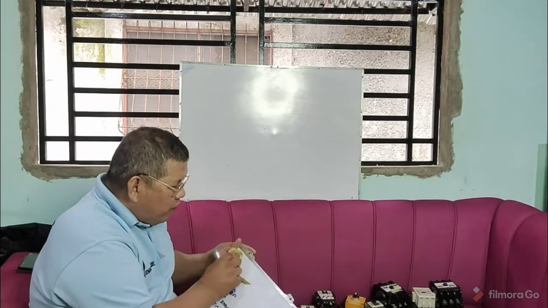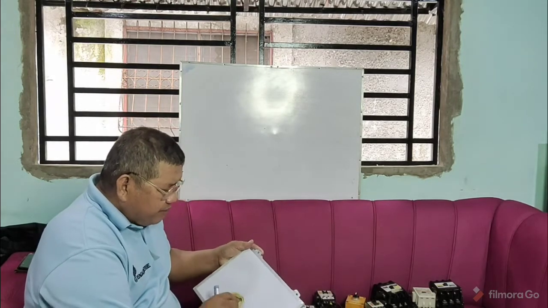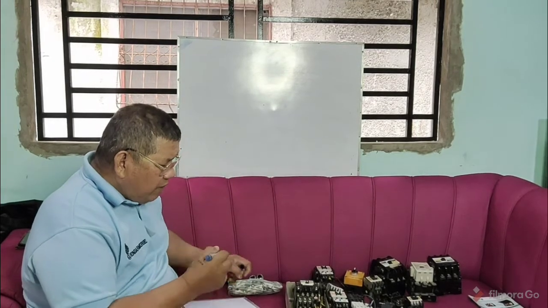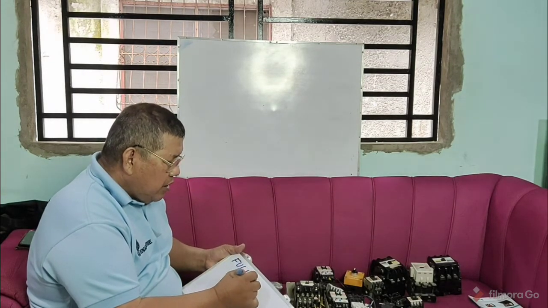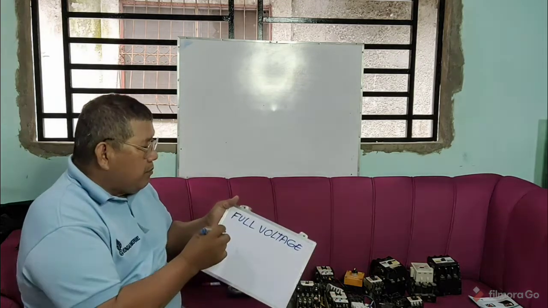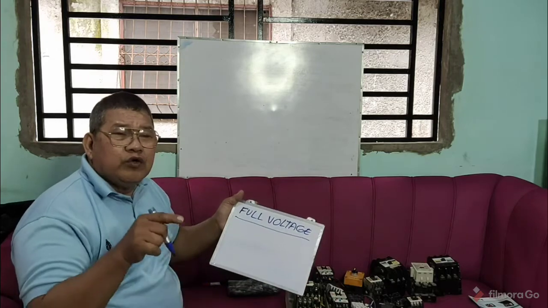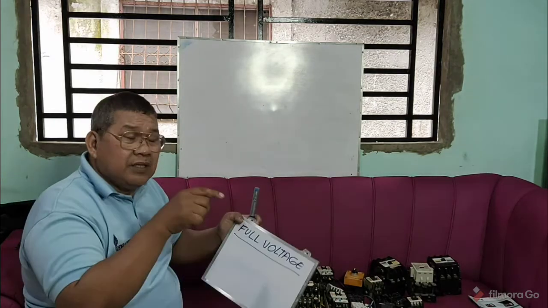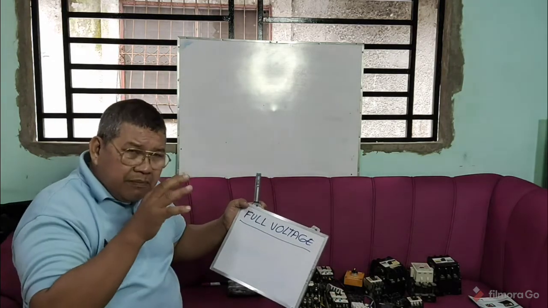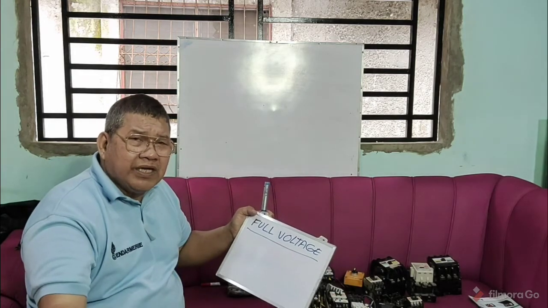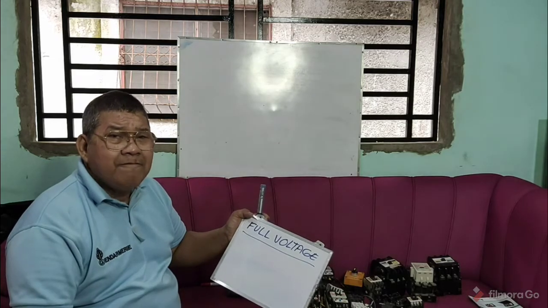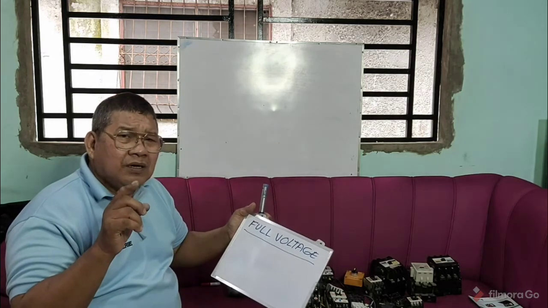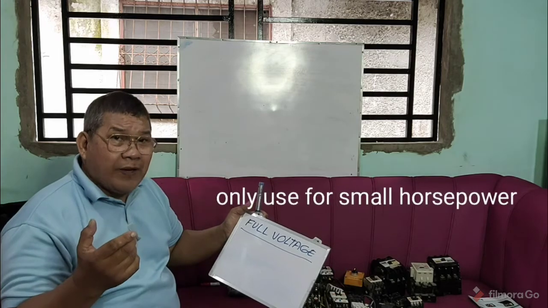Full voltage means that when you press the start button, immediately the motor will receive 220 volts if the motor is rated 220 volts. But this is only used for small horsepower.